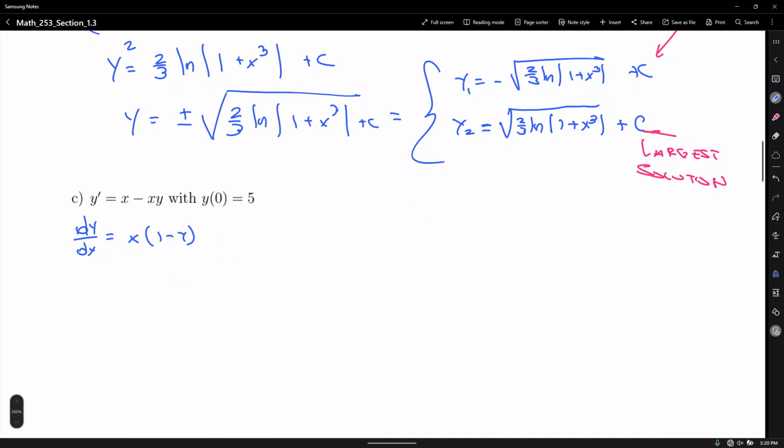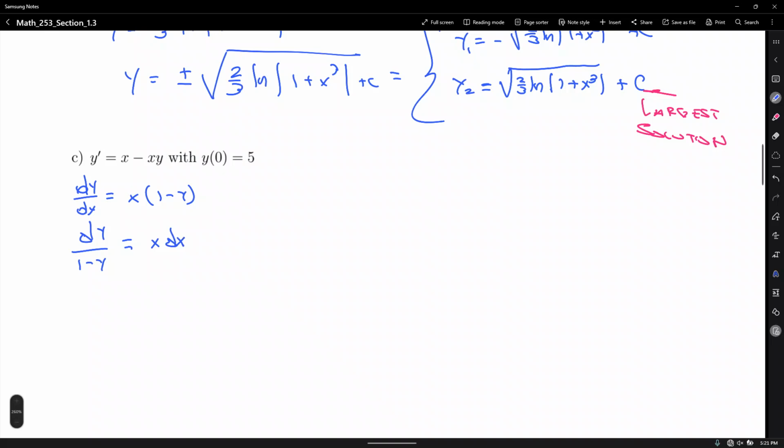With this, we actually show the equation is separable because what do we have? A function of x times a function of y, so we're good. So let's separate the variables. That'll be dy over 1 minus y equals x dx. All right?